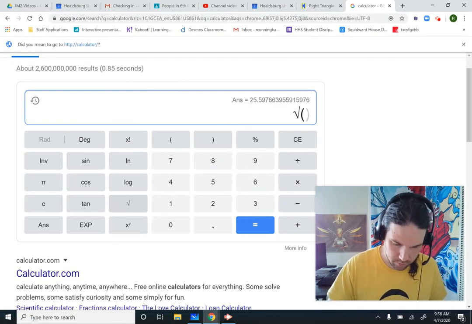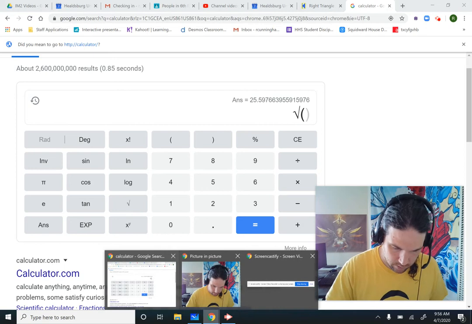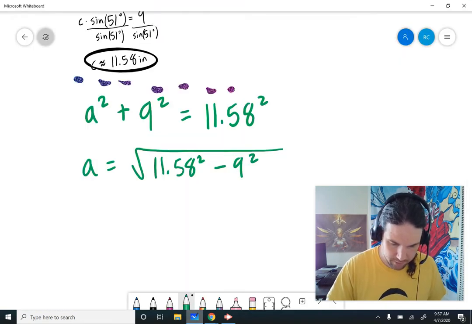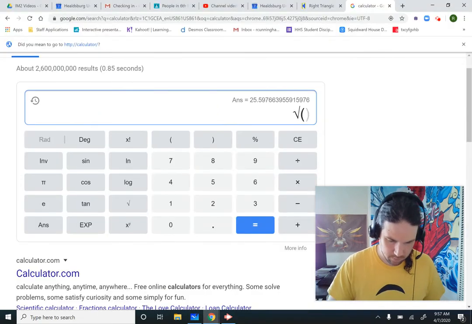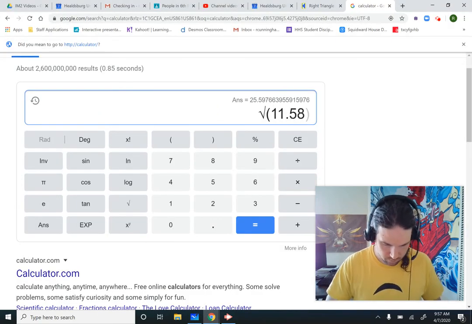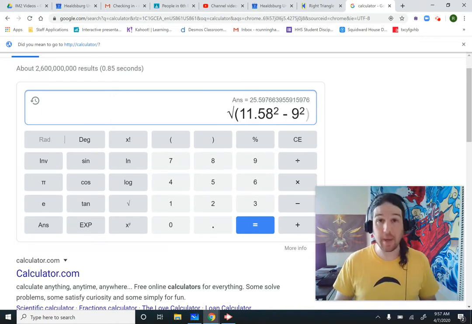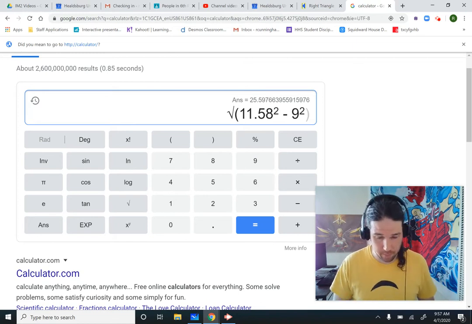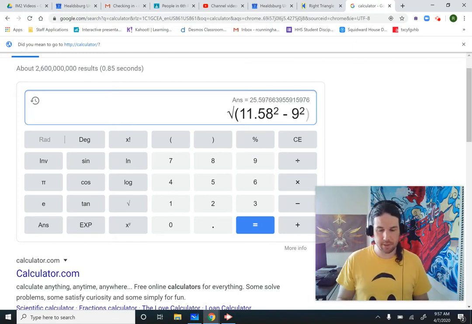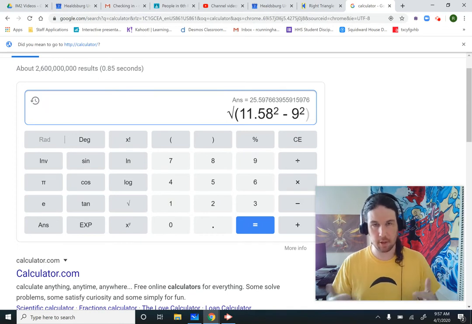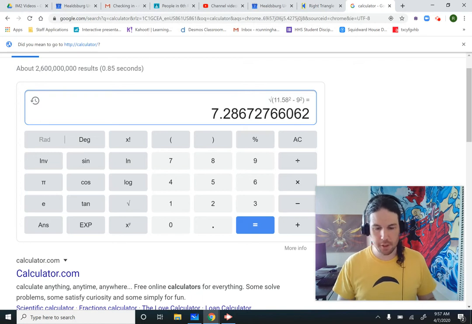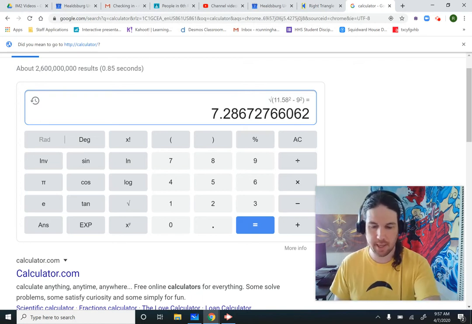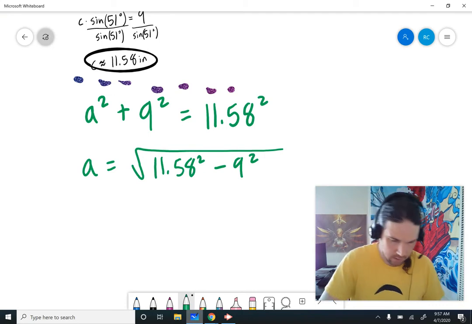Square root of 11.58 squared minus 9 squared. You can do all of these commands on the keyboard, by the way, instead of hitting the buttons with the mouse. It just takes a little bit of getting used to. 7.286, so we'll call that 7.29. I think this was inches.